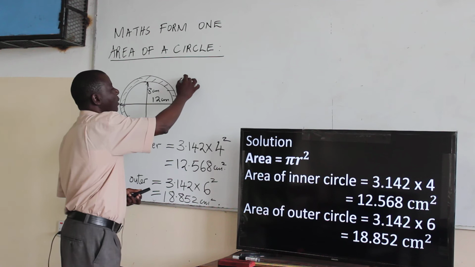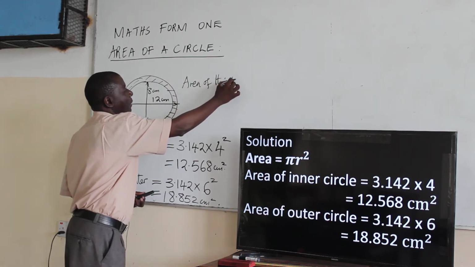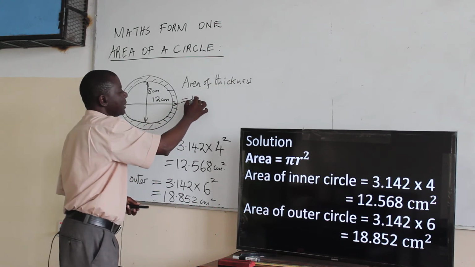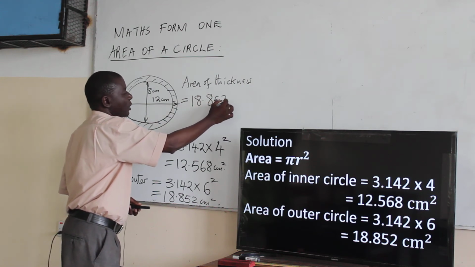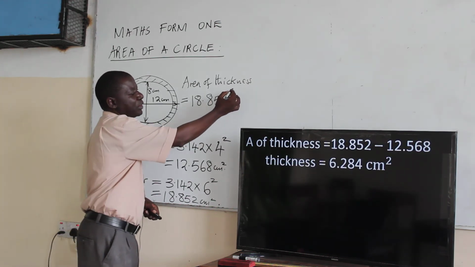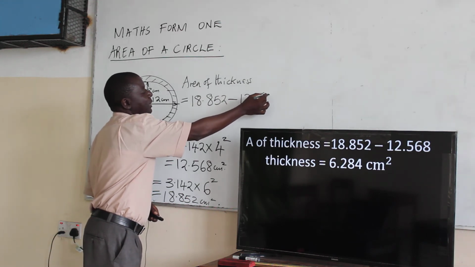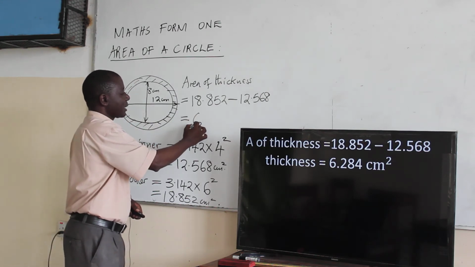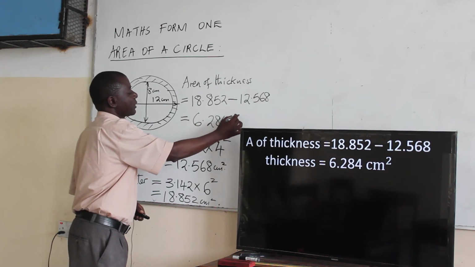The area of the thickness will be given by the area of the outer, which is 18.852, subtract the area of the inner, which is 12.568, and that will give us 6.284 centimeter square.